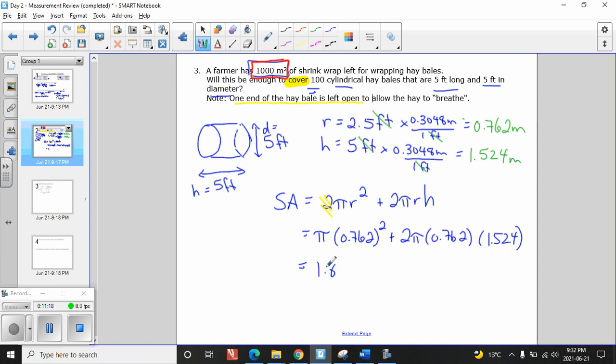I get 1.824 for that first term. And we're going to multiply these next four things together. 2 times pi times 0.762 times 1.524. And I see 7.297.